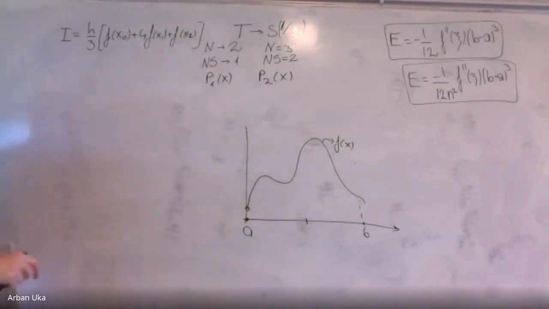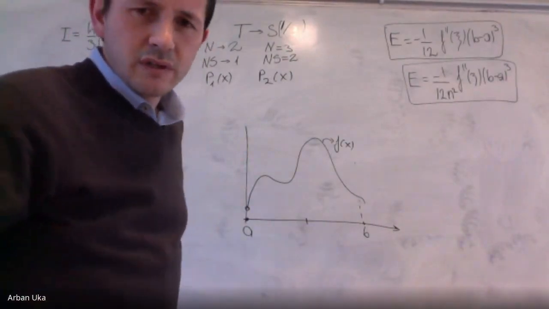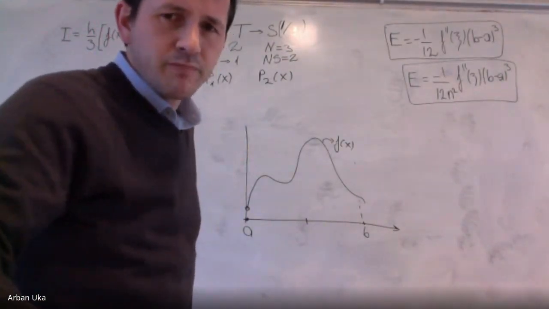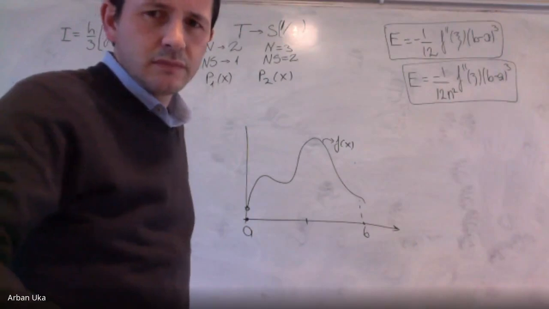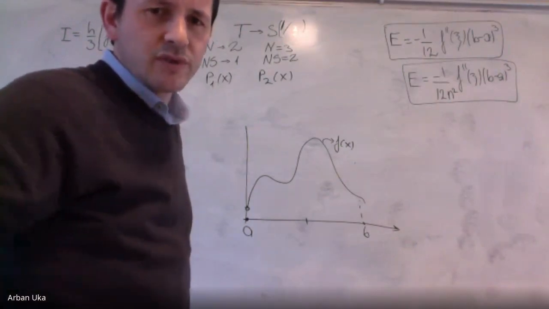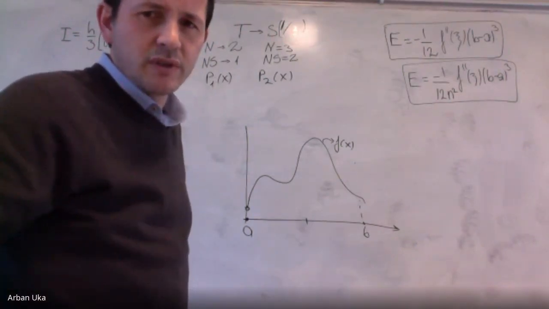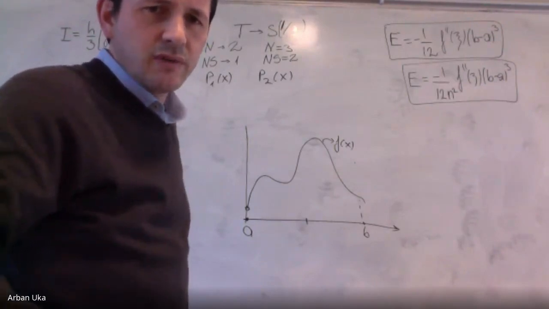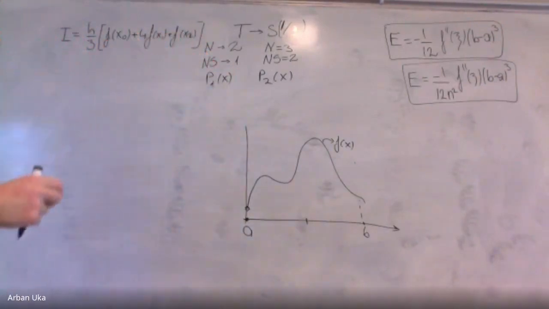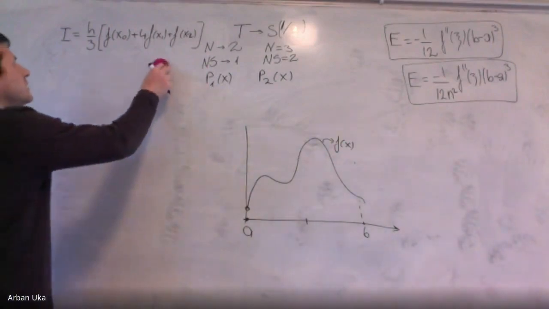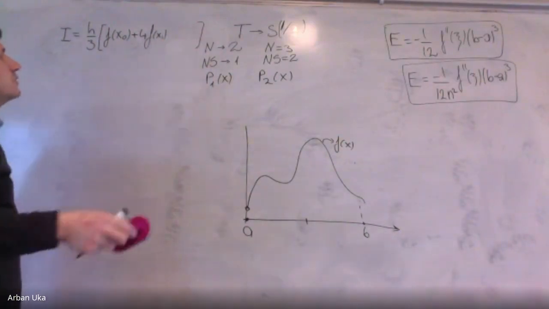So this is f(x1) plus f(x2), and let me have a look here. So I have a couple of notes in the slides, but probably we can have a look at those later. So I hope this is f(x1), f(x2).